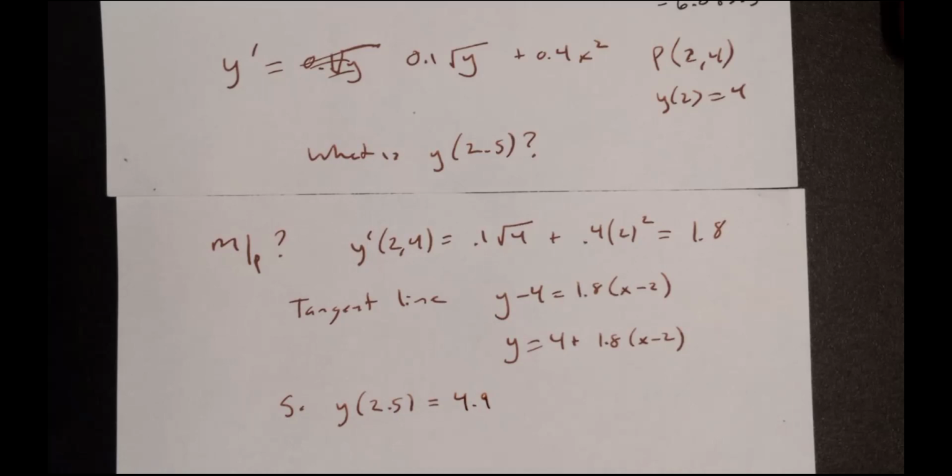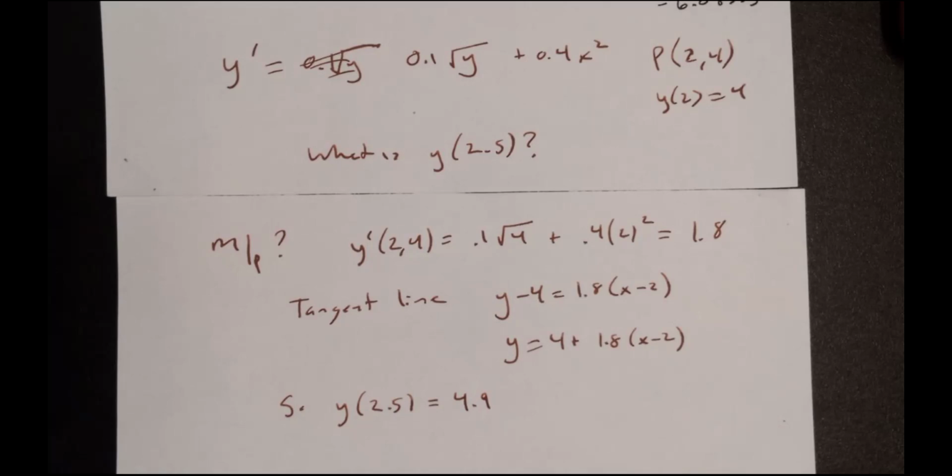According to my tangent line, if I do the same thing we just did with the square root idea, I can say, oh, we should be at 4.9. Follow the straight line instead of guessing what the solution should look like. I don't hate that answer. That's pretty good. Maybe.